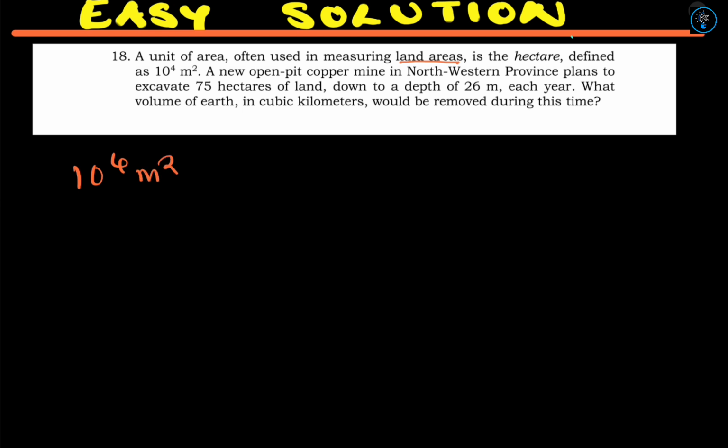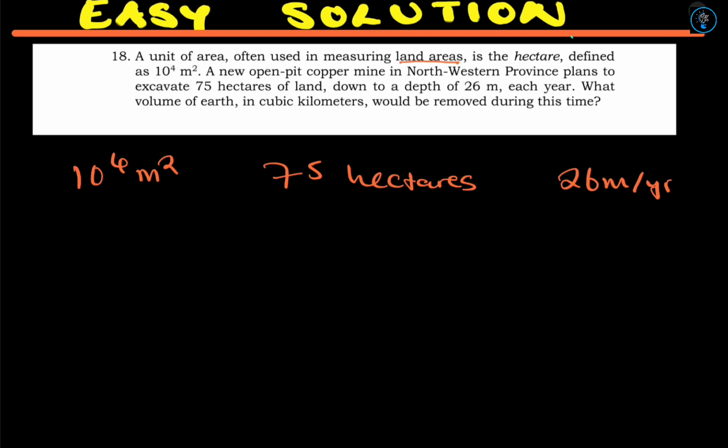A new open pit copper mine in Northwestern Province plans to excavate 75 hectares of land down to a depth of 26 meters each year. So each year they will be going that deep. So we are saying per year.